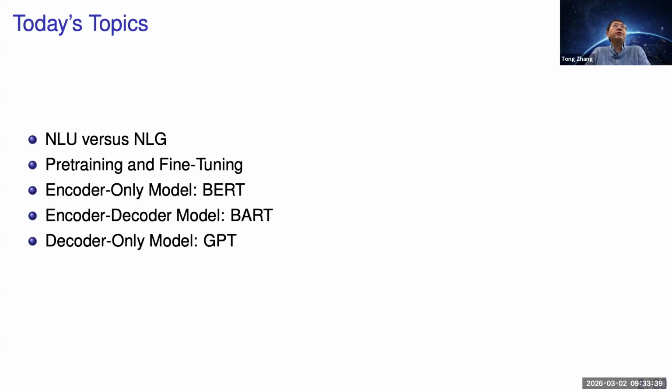If you recall, we have this encoder-decoder lecture: encoders for representation, decoders for generation. So natural language understanding is more of a semantic representation flavor, so it's associated with the encoder, and natural language generation is more associated with the decoder. That's traditionally, but now things have changed. So we will talk about that.